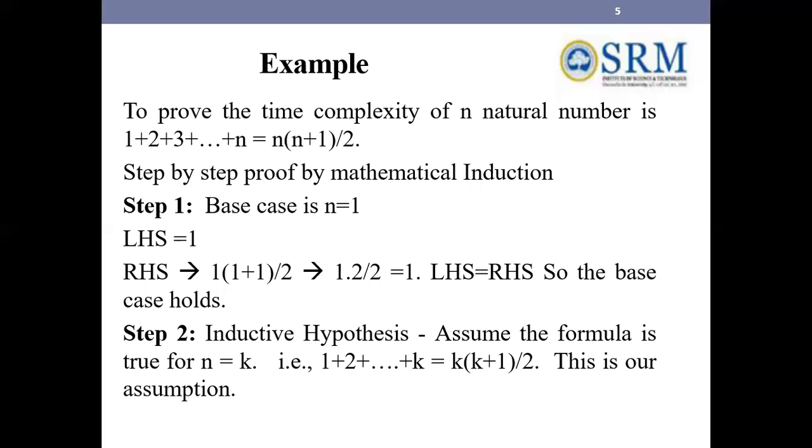Instead of n, we are giving the k value. So 1 plus 2 plus up to k is equal to k into k plus 1 by 2. This is our assumption. So we know the base case n equal to 1 is true. We proved the base case, and in the hypothesis, our assumption is the algorithm works correctly for k number of inputs.